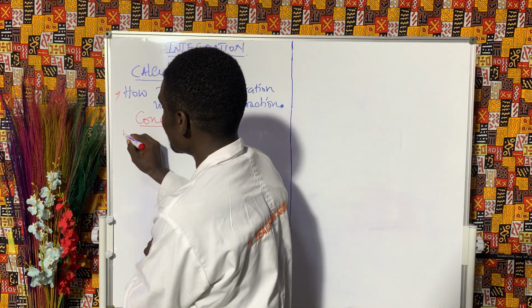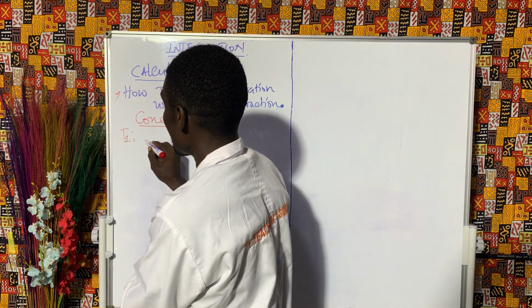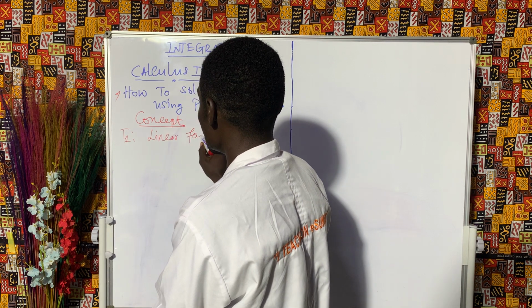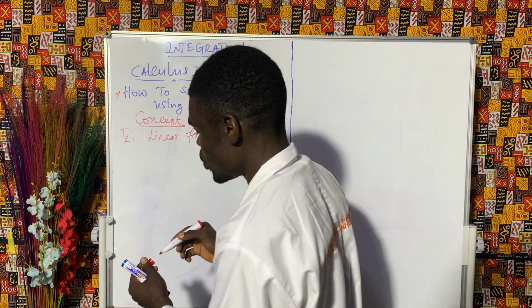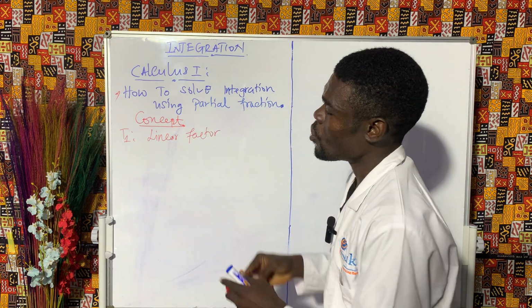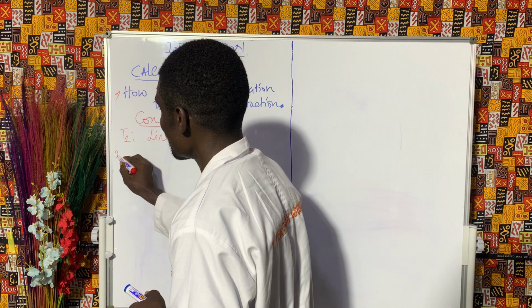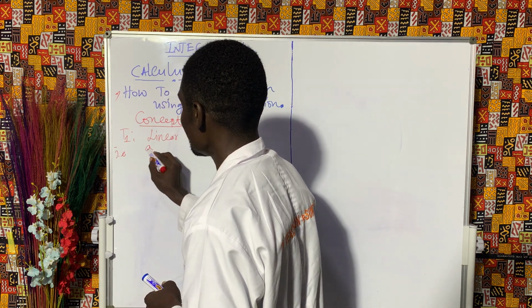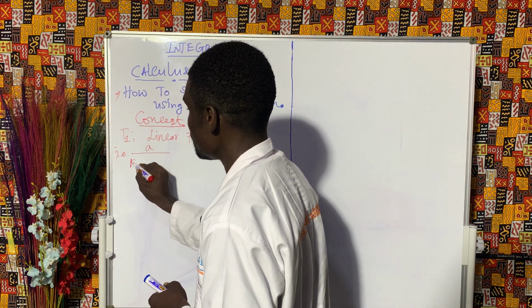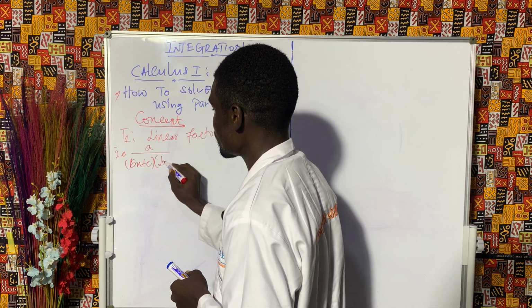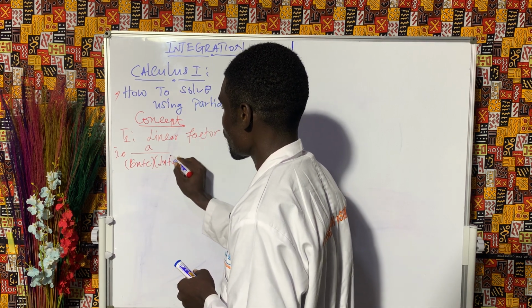The very first one, type 1, is the linear factor. That is, when the denominator is composed of linear expressions, that is, we have a over (bx plus c)(dx plus e).